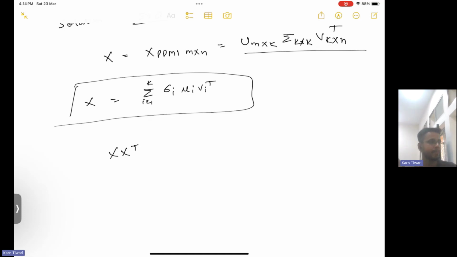We are just calculating a similarity, a dot product, between the representation of word i and word j. That is what X X transpose gives us.